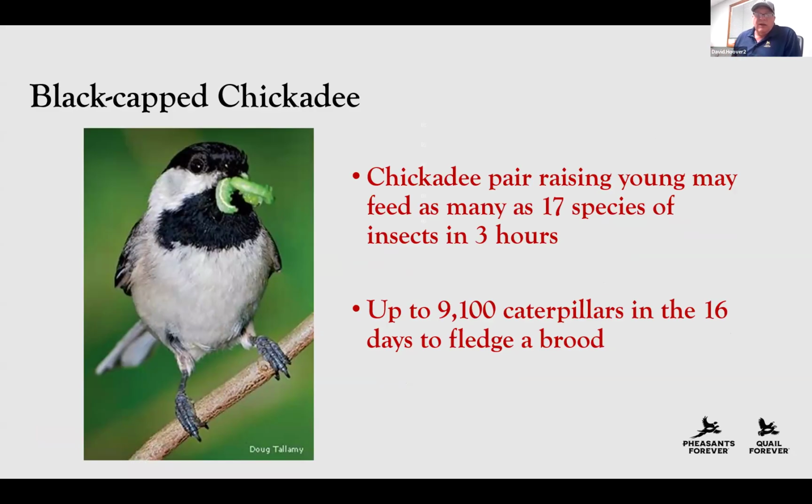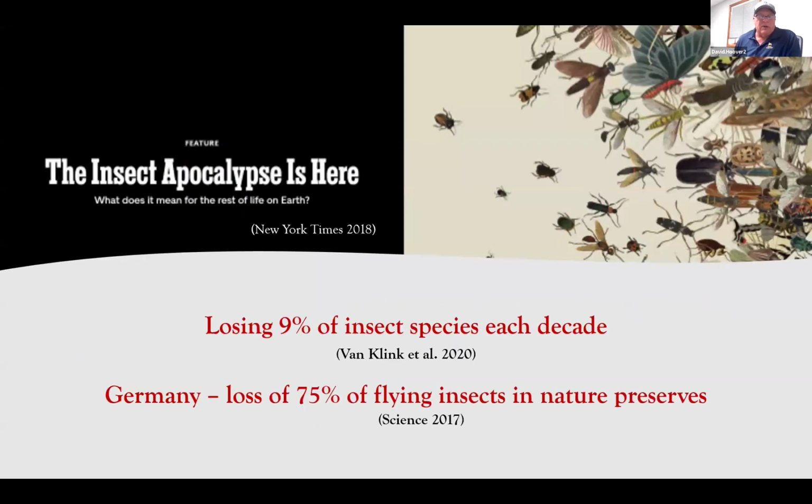In the 16 days to raise that brood, that could be over 9,000 caterpillars. That's pretty amazing when you think about the sheer volume of insects that this whole food web requires to sustain itself. Now, the insect apocalypse is here.